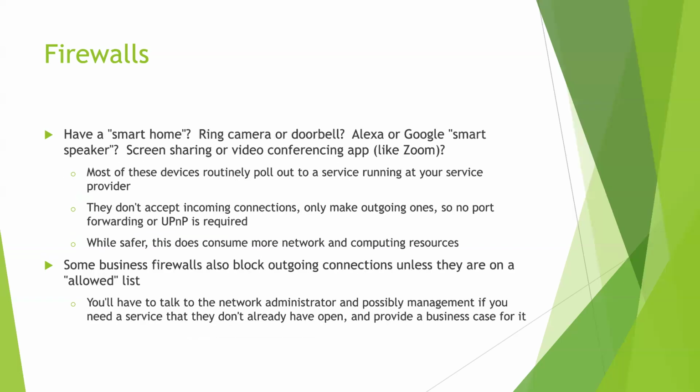Okay. If you've got a smart home, like your Ring camera or doorbell, or a Google or Alexa smart speaker, those don't run as a server. They run as a client, and the server is out on the internet.